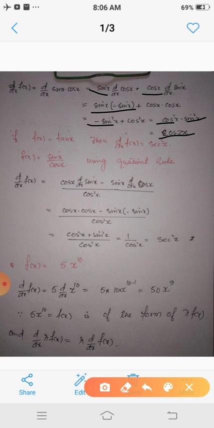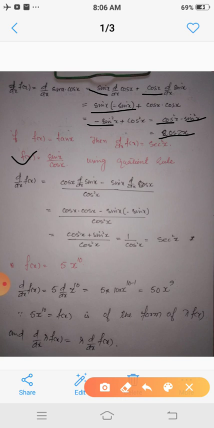If f of x is tan x, we know by the definition of a derivative that the differentiation of tan x is sec square x. Also we can write f of x, that is tan x, as sin x upon cos x. So tan x is actually the quotient of two functions, one is sin and the second one is cos.